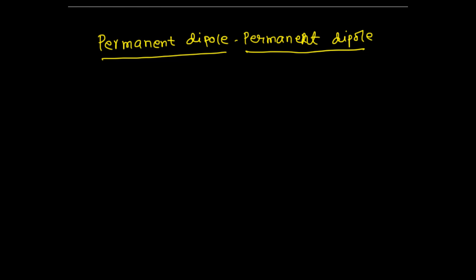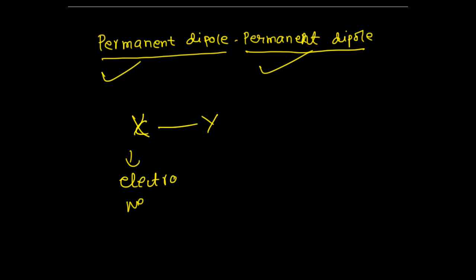So now, what does permanent dipole mean? It means any molecule which has a permanent dipole. For the purpose of permanent dipole, you must have a bond between an electronegative atom and an electropositive atom.